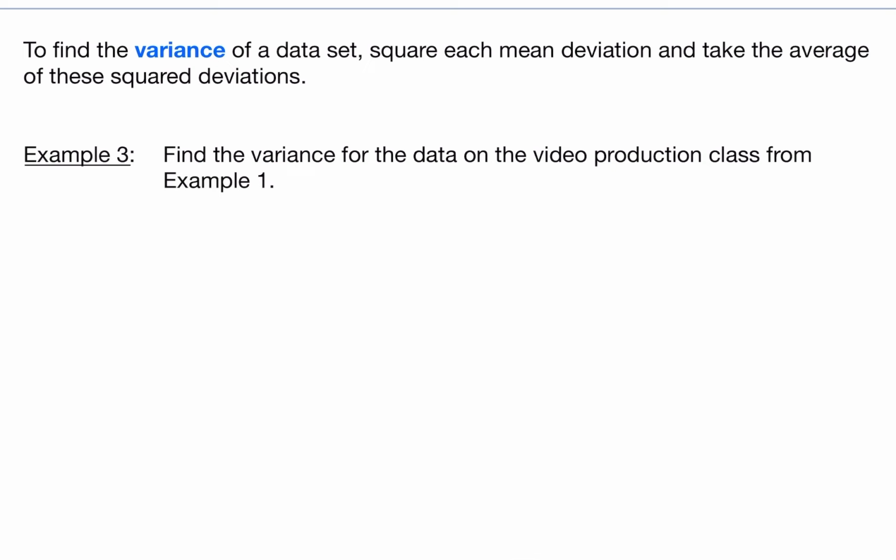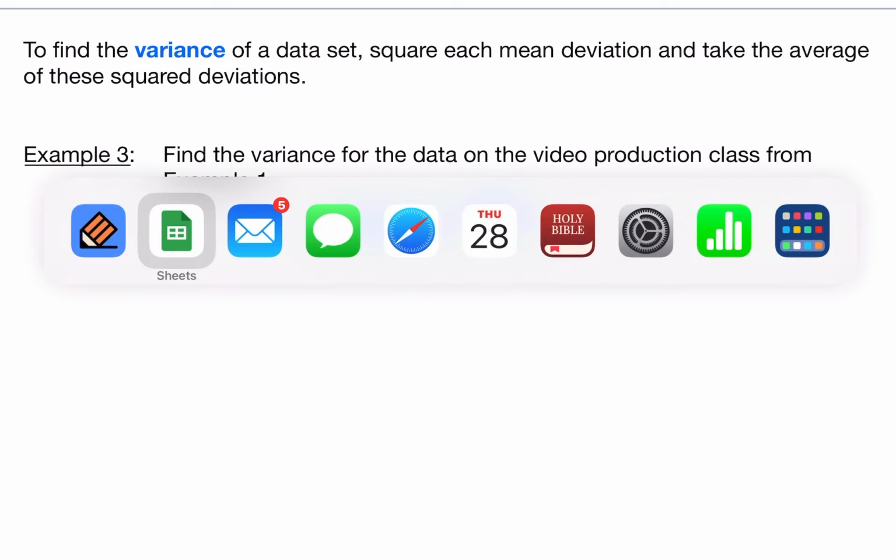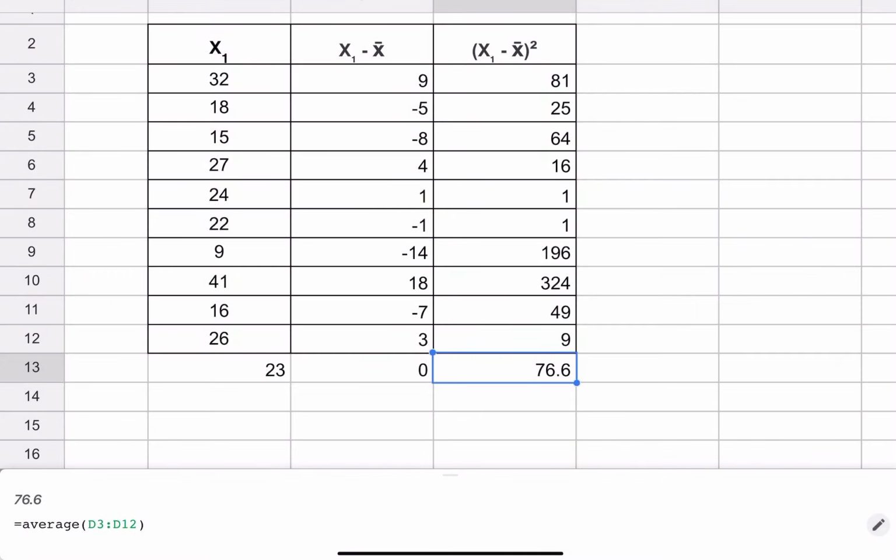So we're going to say that the variance is equal to 76.6. Now that number by itself doesn't really tell us what we need, because if you remember taking a look at the spreadsheet, all of these values in column D are squared, right?